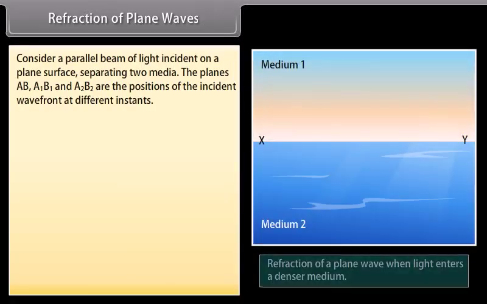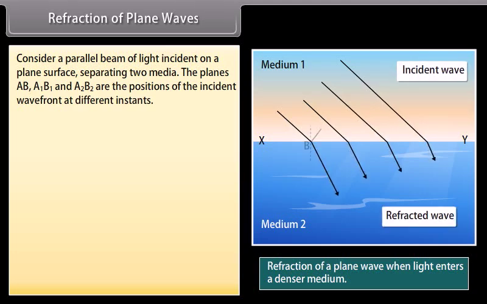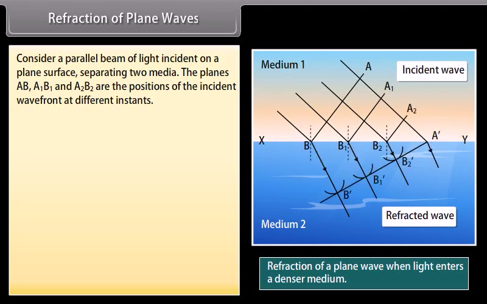Reflection of plane waves. Consider a parallel beam of light incident on a plane surface separating two media. The planes AB, A1-B1 and A2-B2 are the positions of the incident wavefront at different instants.